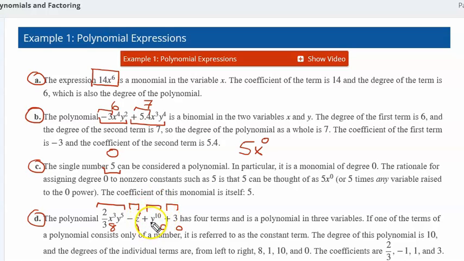And the leading coefficient is going to be a 1 that we don't write. So the coefficient of this term is 2/3. The coefficient of this is a -1. Coefficient of this term would just be a 1. We don't say the positive. And this is what we call a constant.